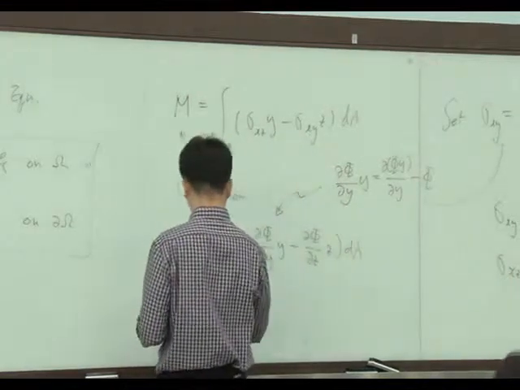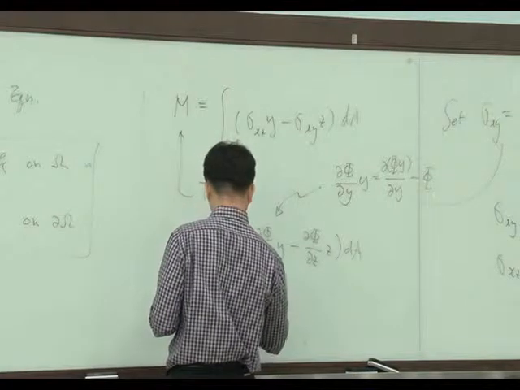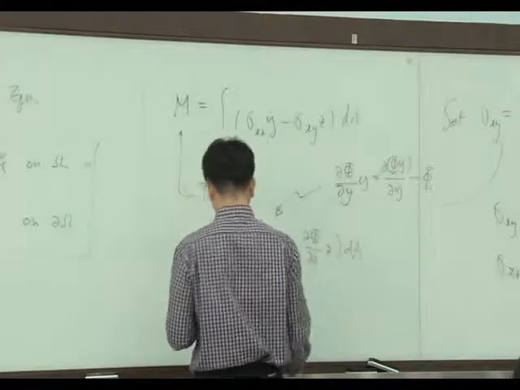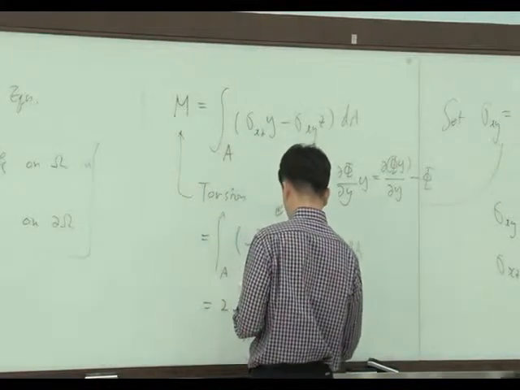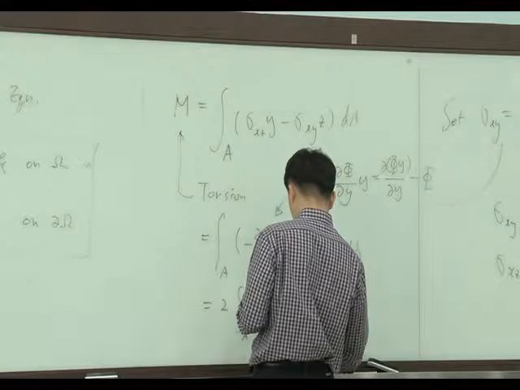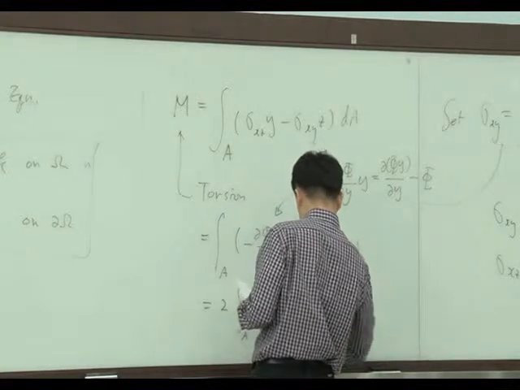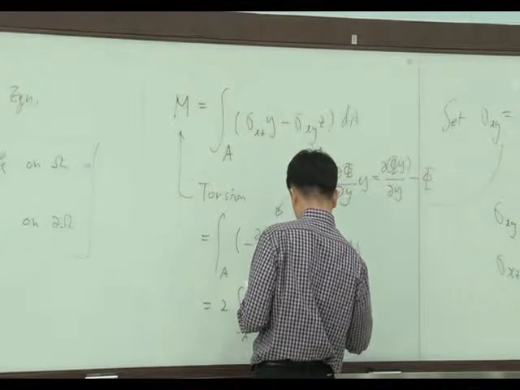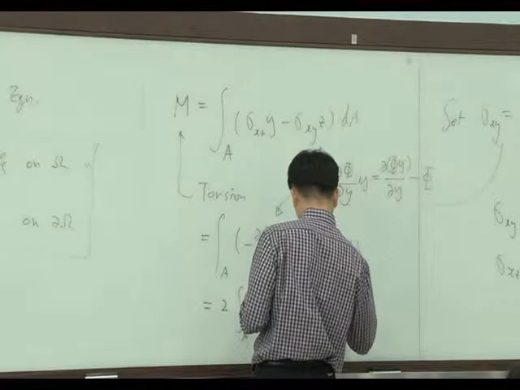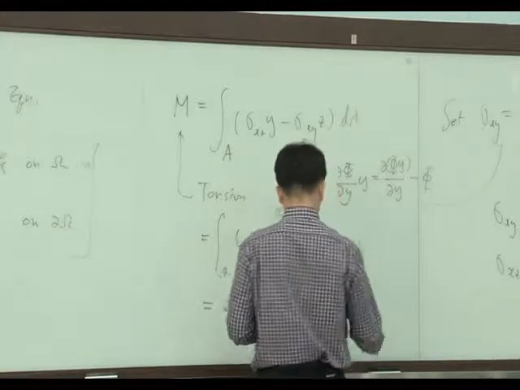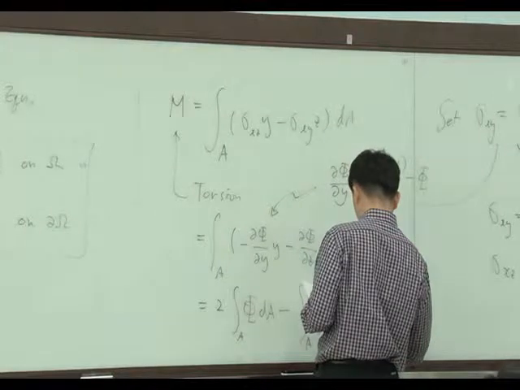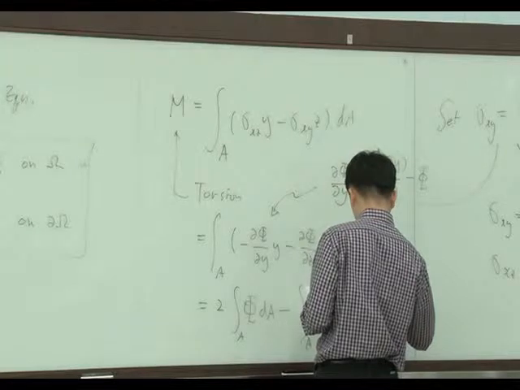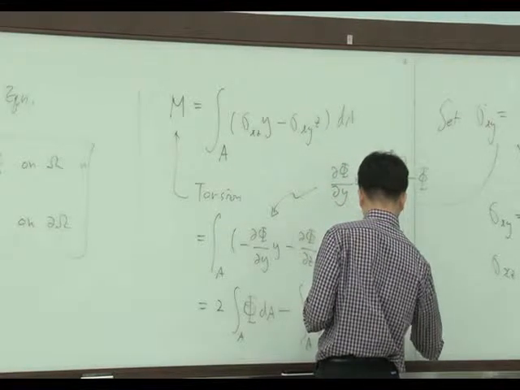Then this equation become 2 a dA minus A G dA, right?